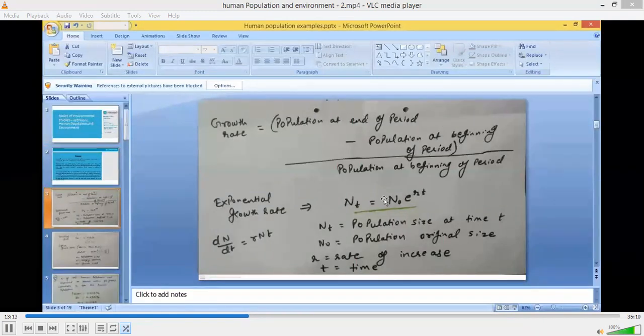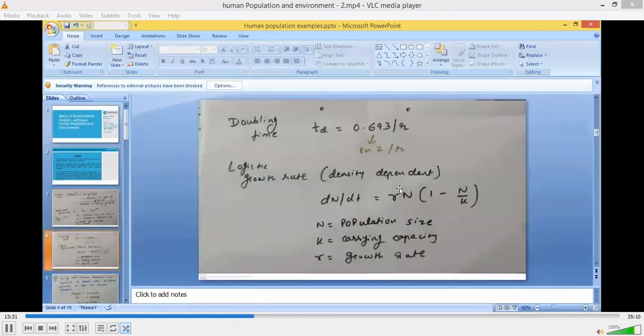Then exponential growth rate is Nt = N naught e raised to r into t. Nt and N naught will be general figures, r will be the growth rate and t will be the time period, or the time frame that is decided upon. Doubling time, that is td, is equal to 0.693 divided by r.